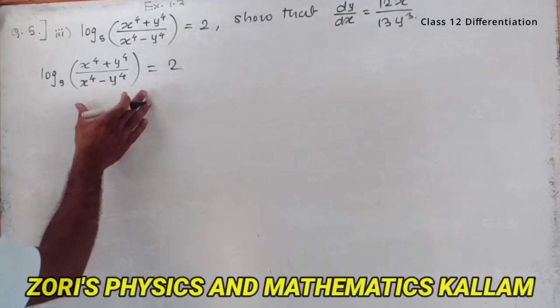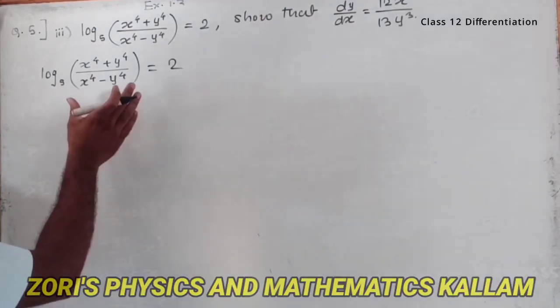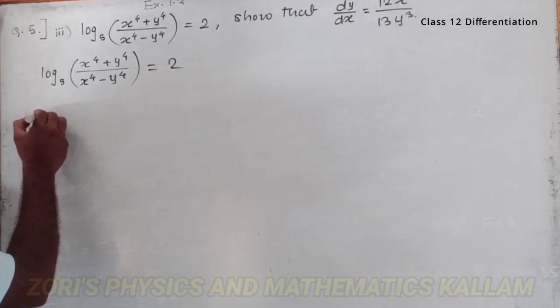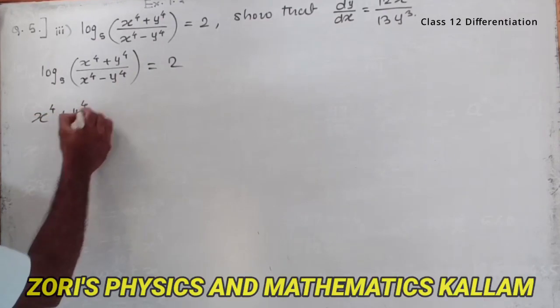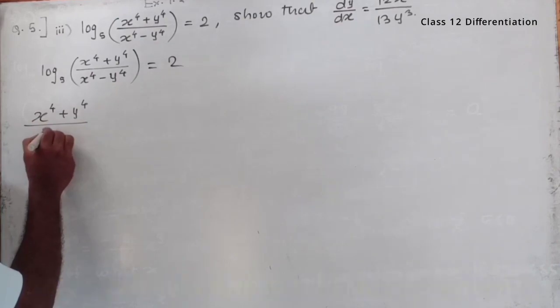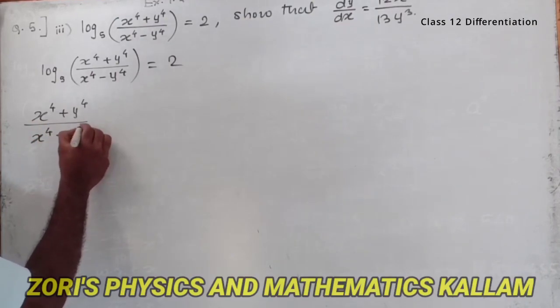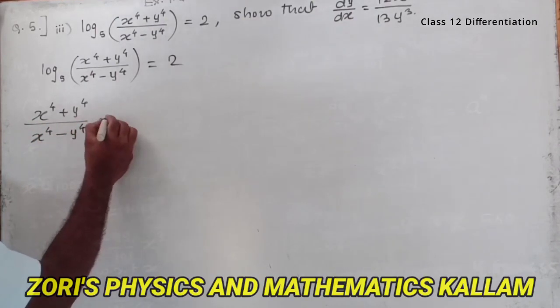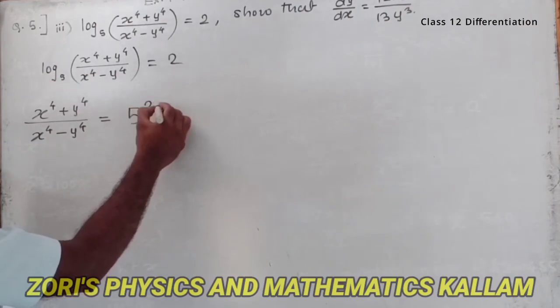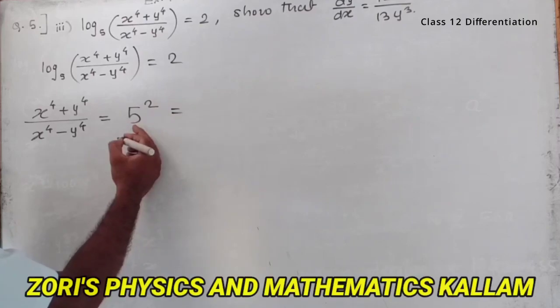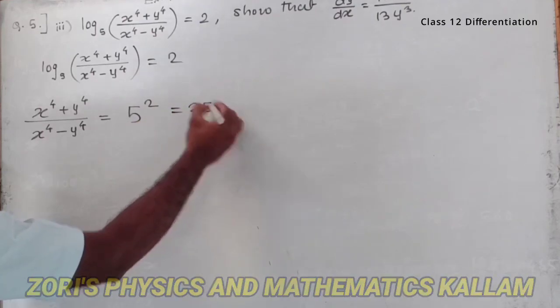So by the previous rule of the logarithm, we can write (x to the power 4 plus y to the power 4) divided by (x to the power 4 minus y to the power 4) is equal to base 5 and its square. So 5 square, that is 25.